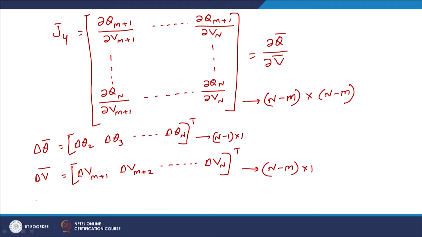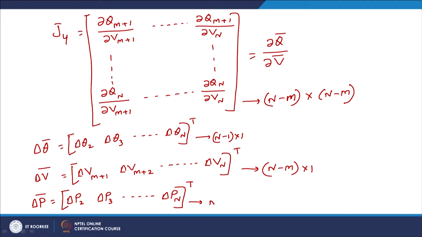What is the delta P vector? The delta P vector is, if you recall, delta P2, delta P3, dot dot dot, delta Pn, transpose.